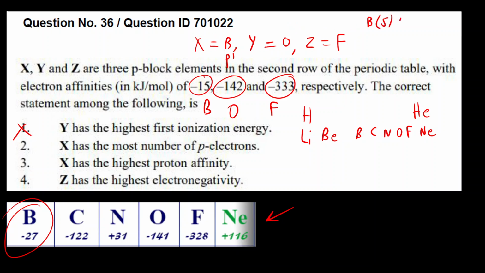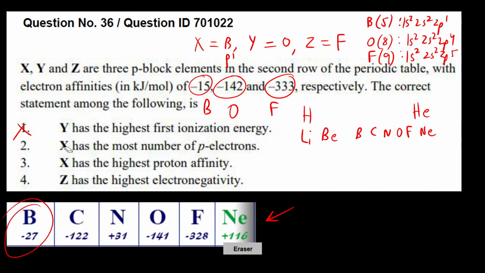Boron is 1s2, 2s2, 2p1. Oxygen is 1s2, 2s2, 2p4. Fluorine is 1s2, 2s2, 2p5. So which has the most number of p electrons? It is Z, not X.